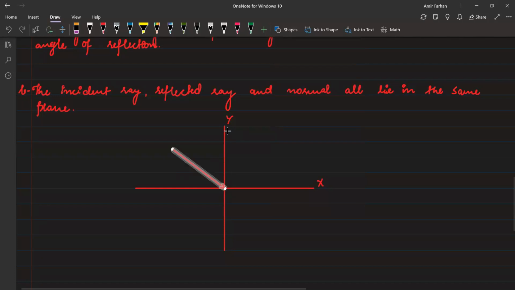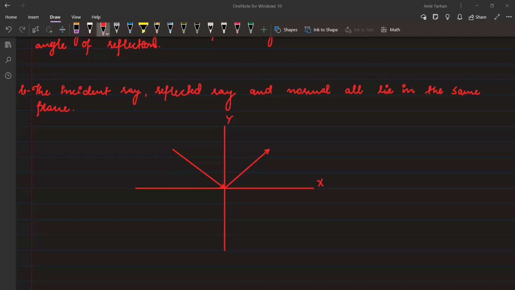You can see this incident ray is traveling in the xy plane only, the normal is also in the xy plane only, and the reflected ray is also in the xy plane only. Yes or no? Is any other coordinate involved in it?